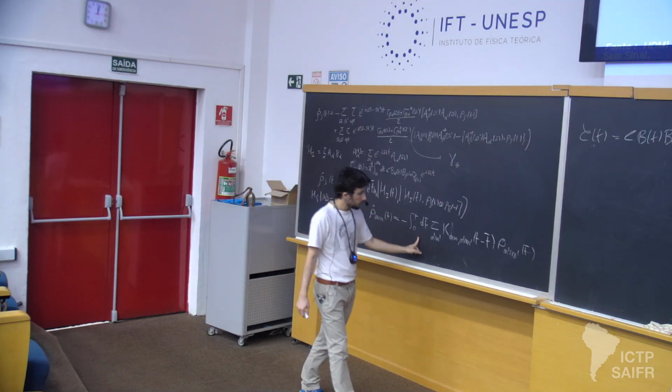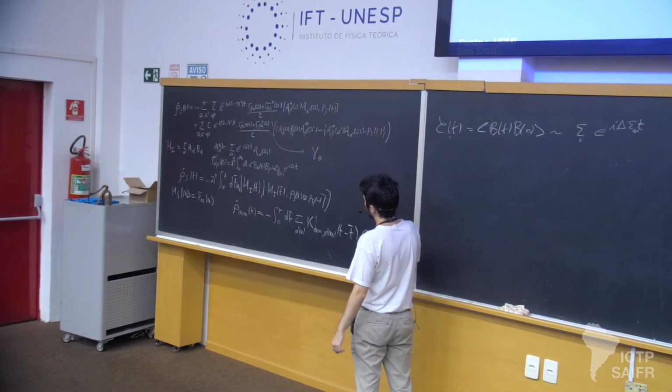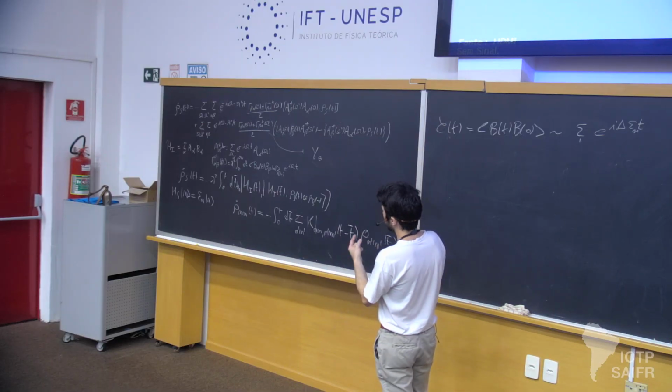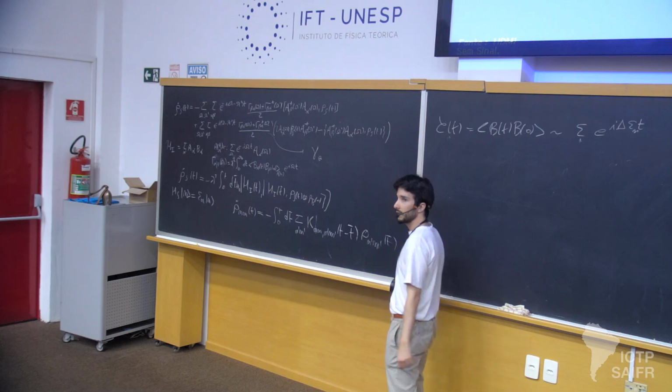Now, there is a particularly simple case in which you can actually solve these kinds of equations, which is the simplest one, in which you have only one of these objects.